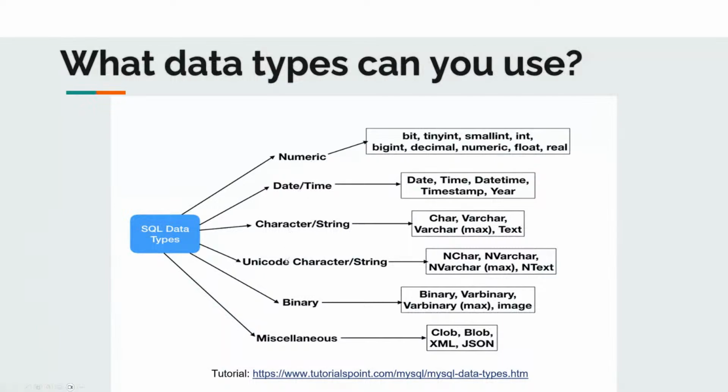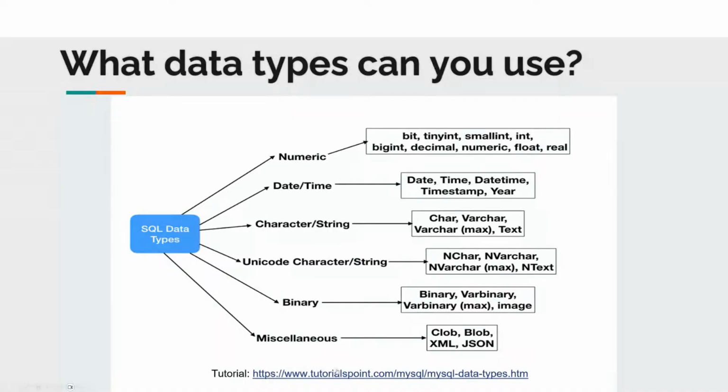Unicode characters and strings. Unicode is a special type of character encoding that you can use, similar to character and string, but it's a specific encoding for certain types of applications or web pages and stuff like that.